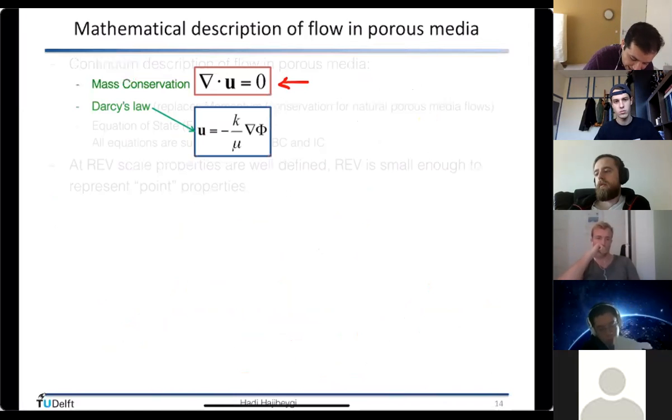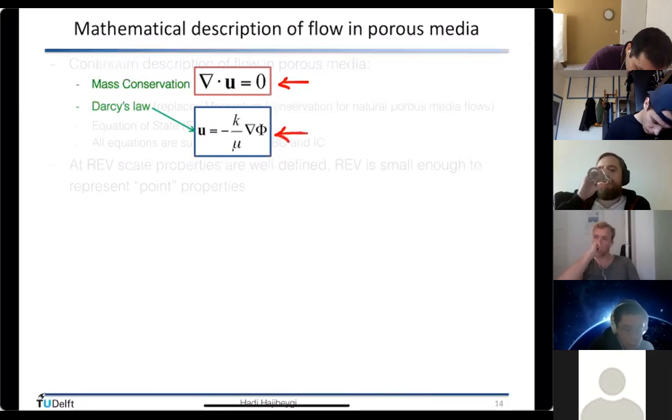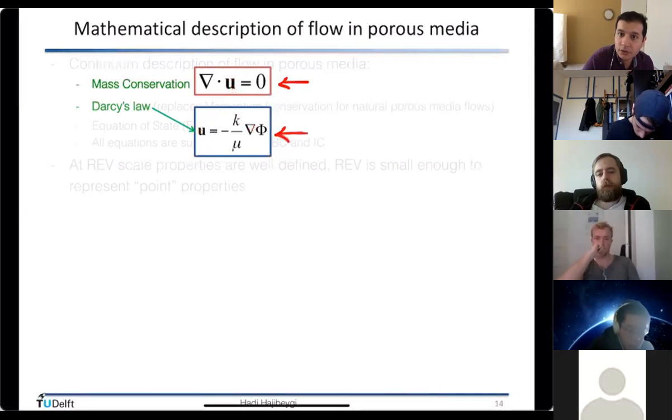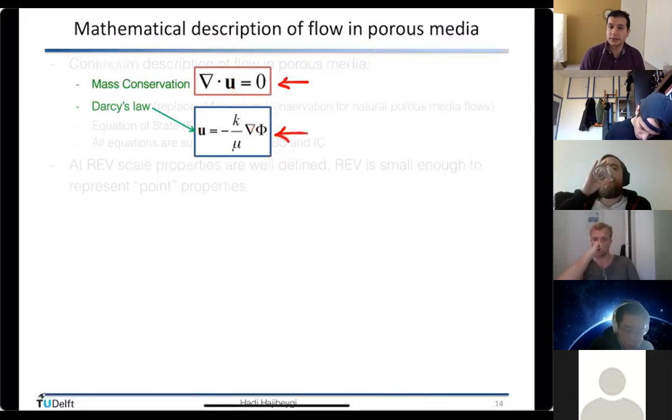Darcy's law has been already well explained before. U, or velocity, is minus K, absolute permeability, divided by viscosity of the fluid, times the potential gradient. Now, look at this. You have a velocity here, and Darcy's law relates velocity with your potential gradient, or if you don't have gravity, with your pressure gradient.